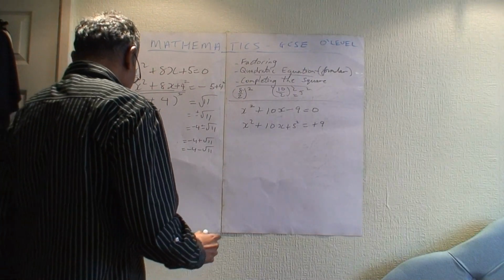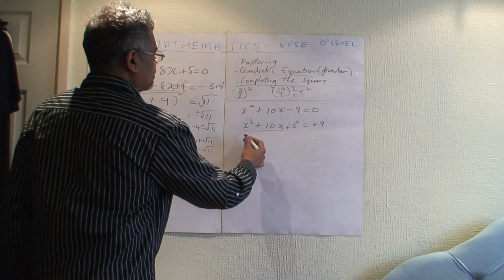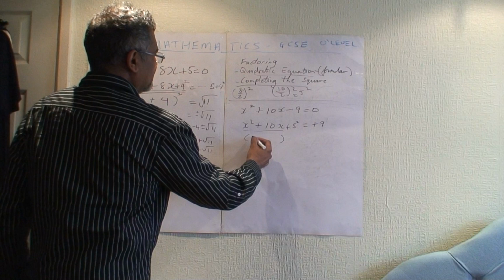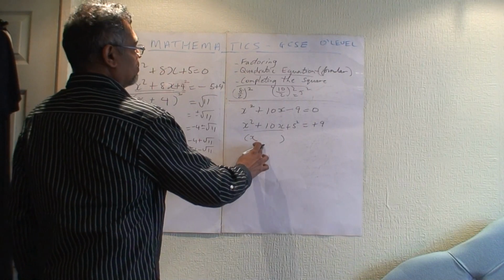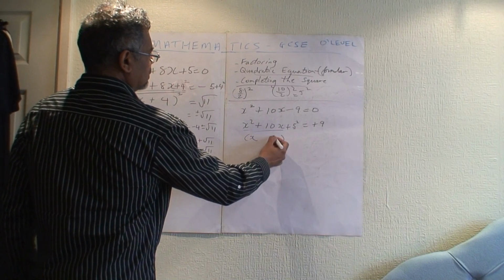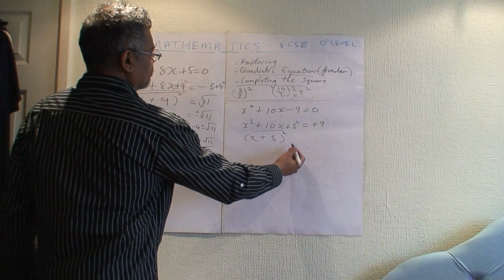Now we factorize it. We put the brackets, we bring the x here, this 5 goes here, this plus comes there, and we put the square.